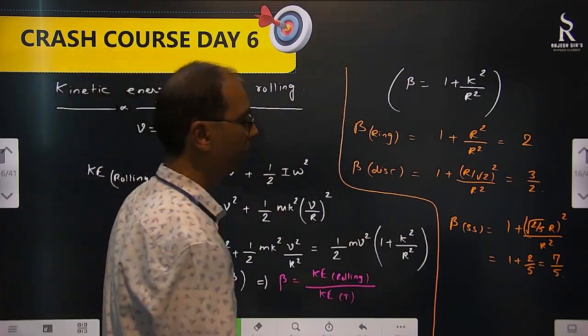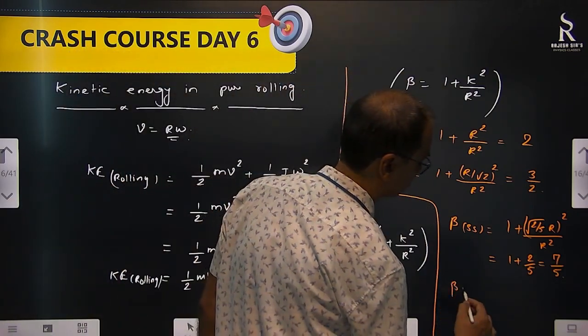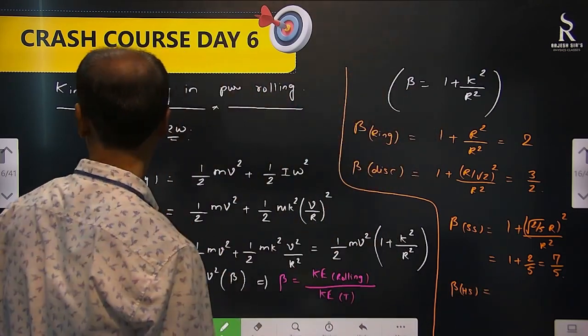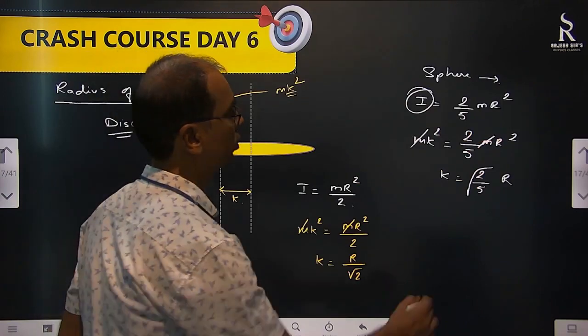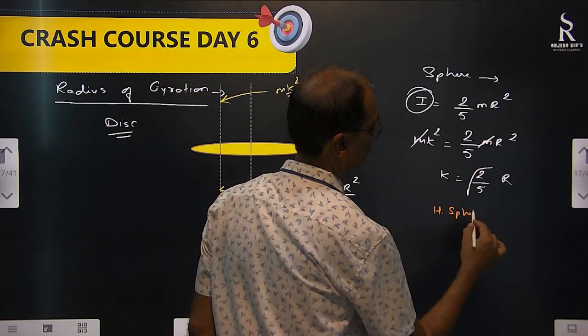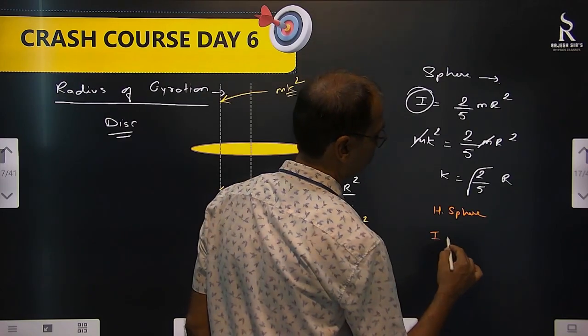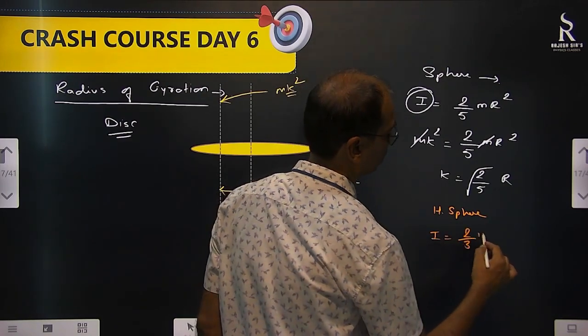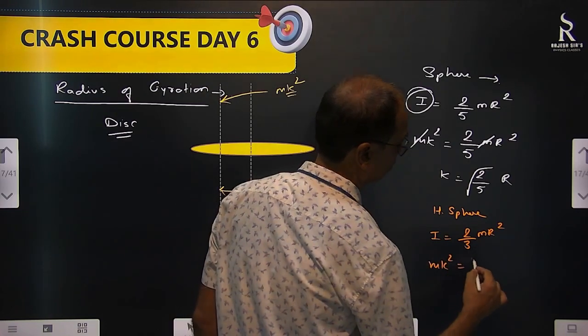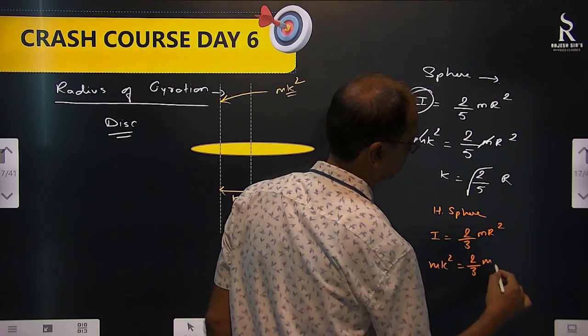Okay, beta for hollow sphere. For hollow sphere, what will it become? If I have a hollow sphere, then we will write I equal to 2 by 3 mr square. So mk square equal to 2 by 3 mr square.